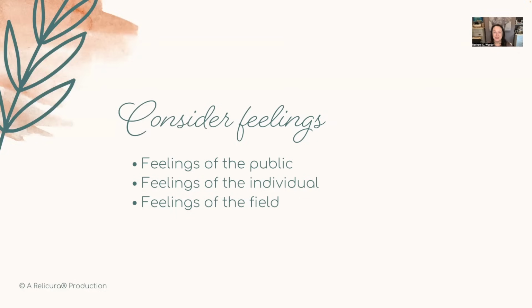And I don't know if I would have added this bullet point a couple of years ago, but when we take a look at the headlines a little later in this webinar, and if you read some of the articles that we share later, you'll notice and pick up on a lot of feelings from the field about what some of our other peers were doing and the decisions they were making.